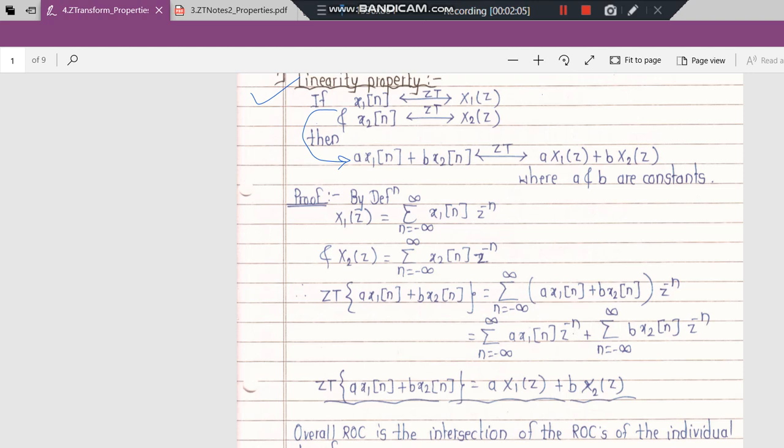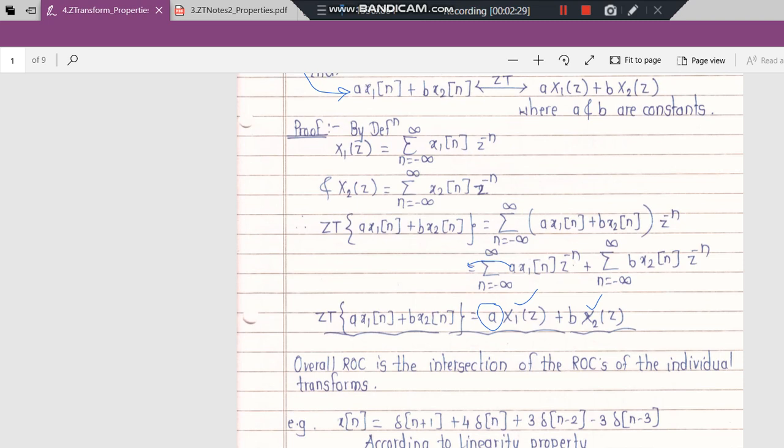This is the Z transform of a into x1 of n plus b into x2 of n. Open the bracket. And now if you remove a outside the bracket, since a is a constant, whatever you get inside is nothing but x1 of z, and plus b into x2 of z. So in this way we can prove the property of linearity.